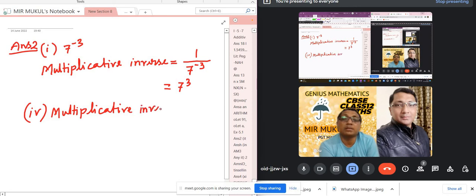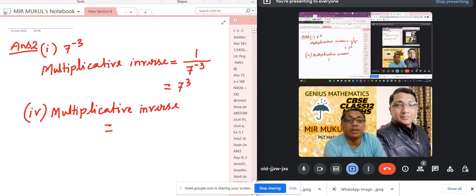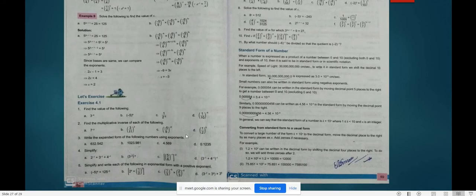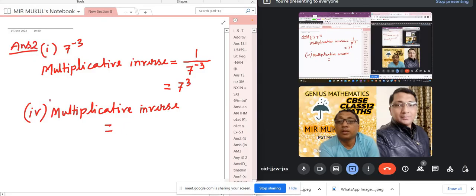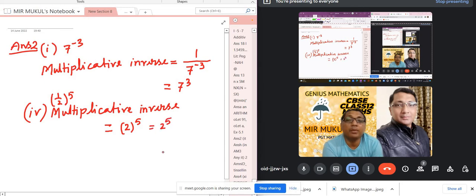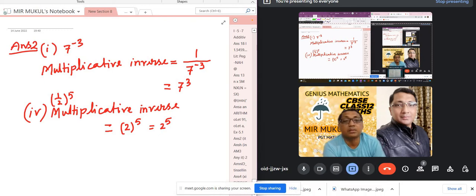Just check once again what the number was. 1 by 2 to the power 5. This was the given number. So its multiplicative inverse will be 2 to the power 5. You can multiply 5 times or leave it like that. You will get full marks.